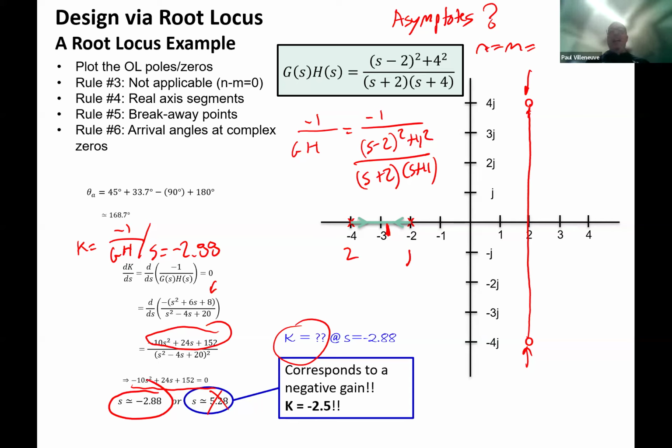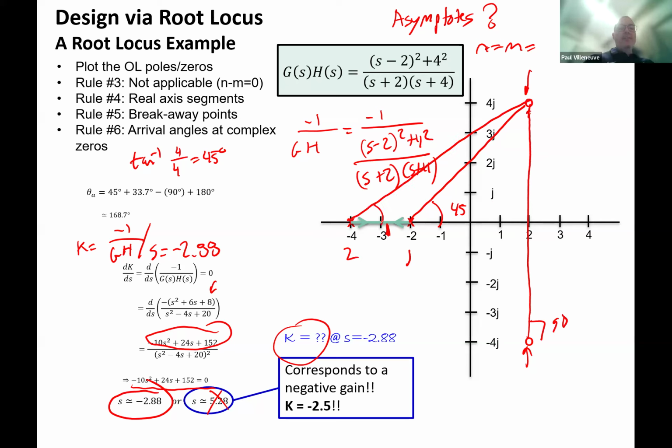We don't have to calculate that one. This angle over here is the inverse tangent of, let's see, we have to rise 4, and then we run 4, so that's equal to 45 degrees. This is 90.